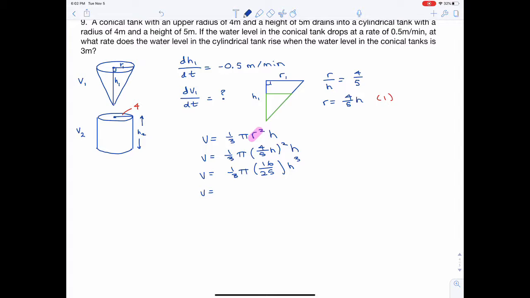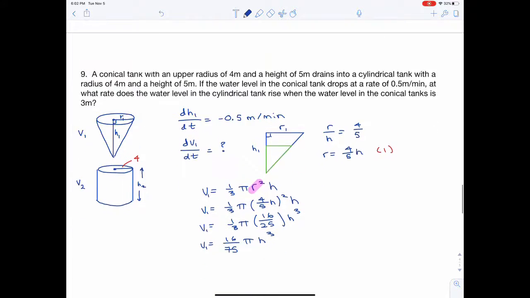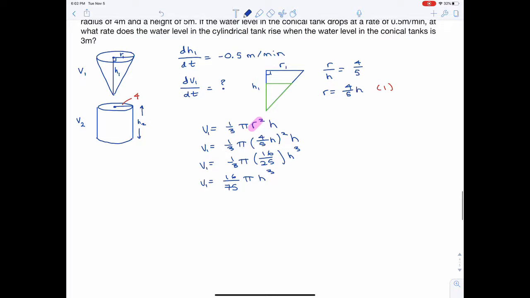I think it is 16/75 pi h cubed. Okay, that's my volume, sorry, let's call that volume 1. That is volume 1, and that is its rate of change with respect to height 1. Okay, sorry, I need to put those in.